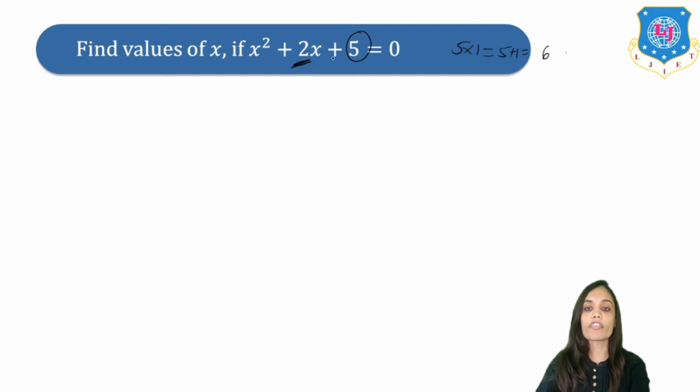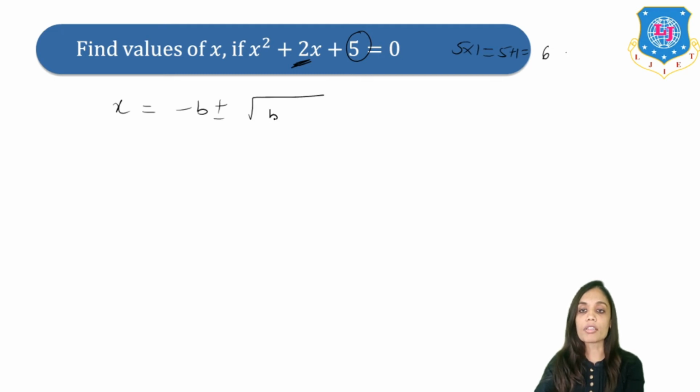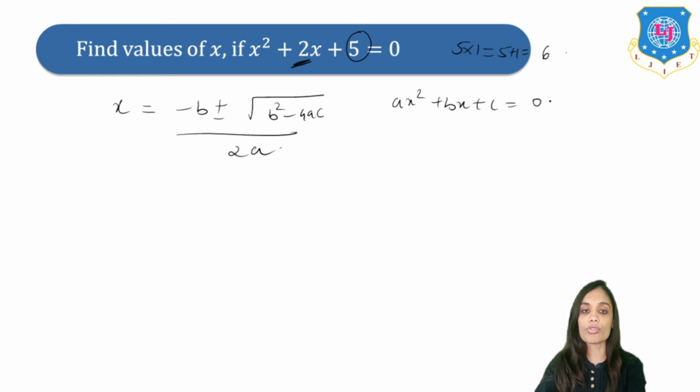So we cannot find factors directly. So let us write this formula of x, that is minus b plus or minus under root b square minus 4ac upon 2a. Again compare with ax square plus bx plus c equals 0 and write the values of a, b and c. So the value of a is 1, b is 2, c is 5.